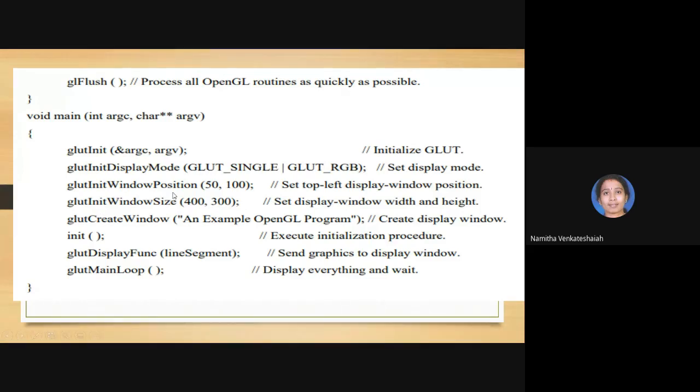That means you are creating a window within the video screen, right? And this window should be how much distance from the video display. So look here, it is 50, 100. That means from the leftmost line of the video display, it is maintaining 50 units distance. From the topmost line, it is maintaining 100 units distance.